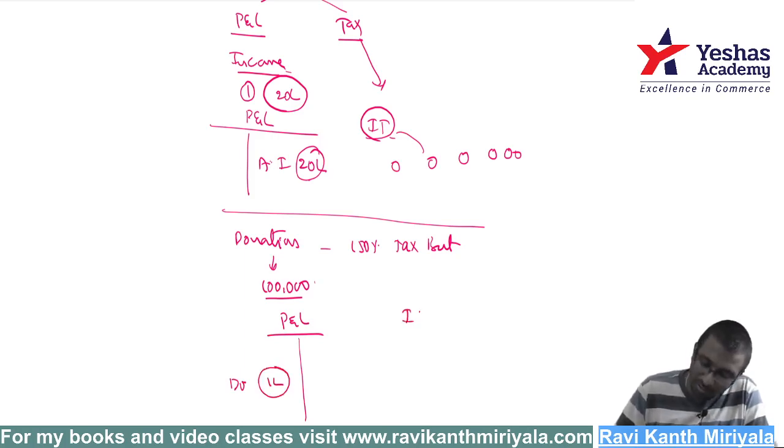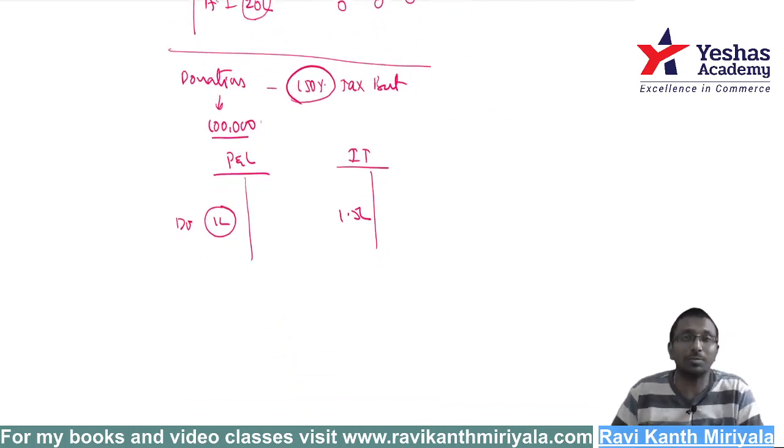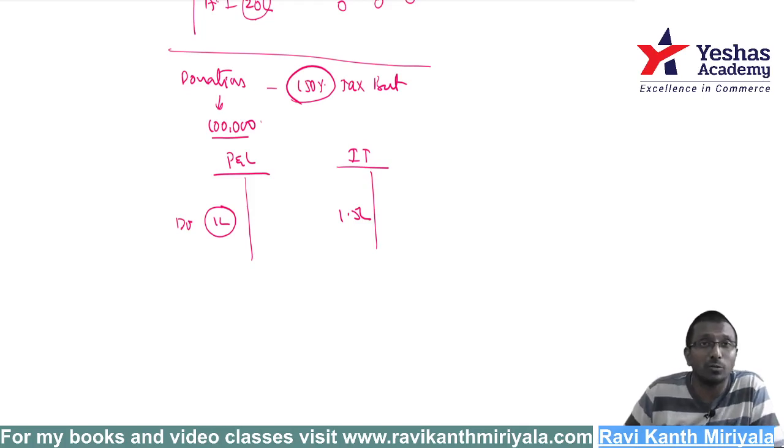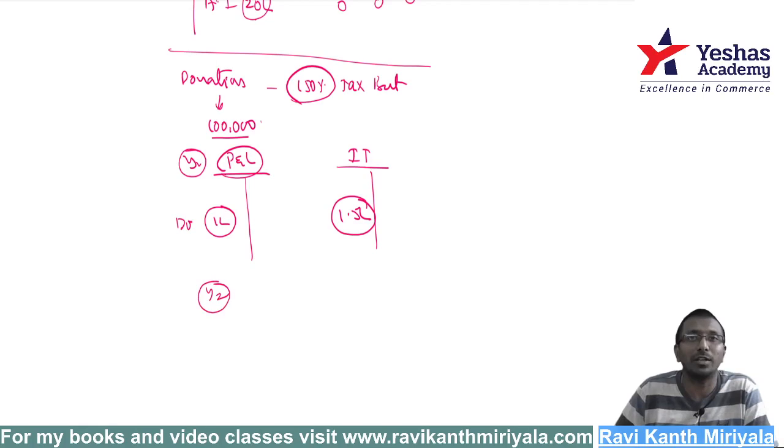But what about the income tax? They will take 1.5 lakh because it is 150%. You are supposed to get a 150% deduction, so you got 1.5 lakh rupees of deduction. Fine, they took more. But I gave the donation in the current year. At least in year 2, will I take the balance 50,000? No, I don't take it.